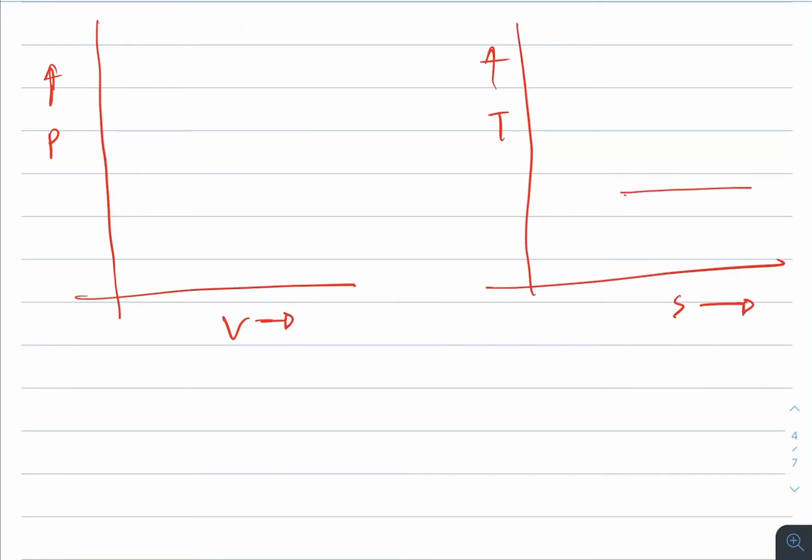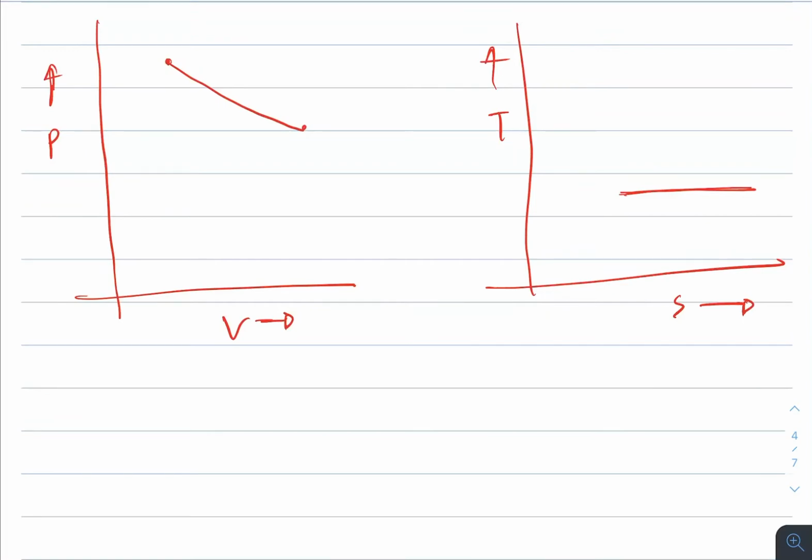In the TS diagram, isothermal means a straight horizontal line. And in the PV diagram, that isothermal line will go from here to here, so basically it will look like this.